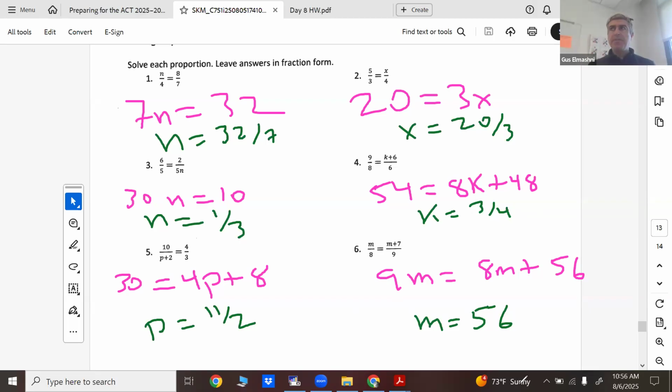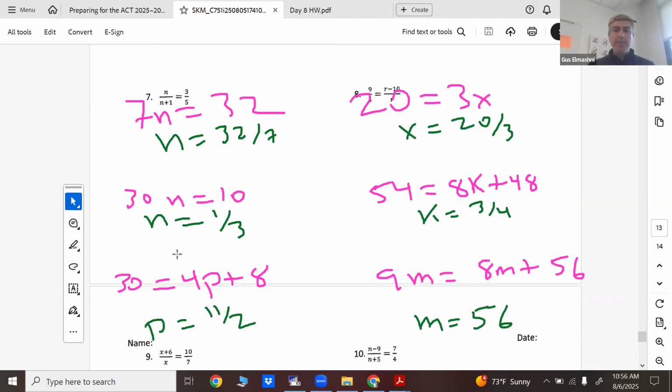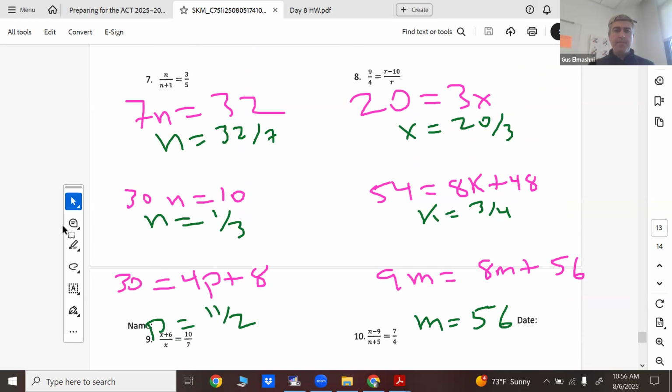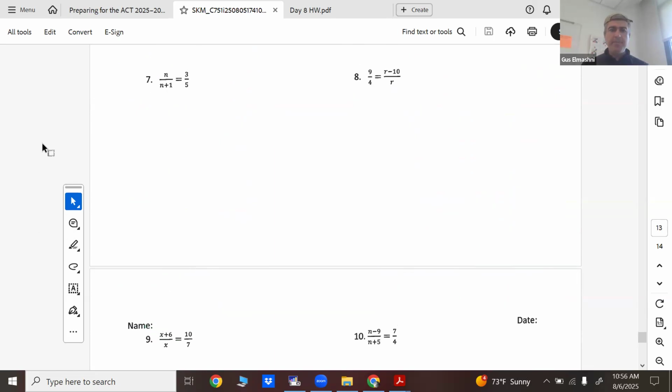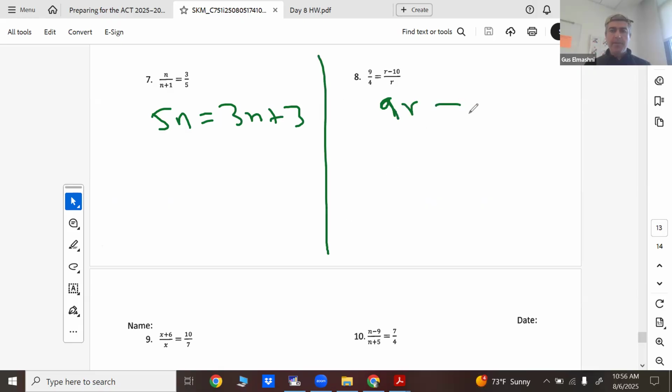Okay, so hopefully that makes sense, right? We got a little time. We could probably wrap up. Maybe just do the last couple. So 5n equals 3n plus 3. 9r equals 4r minus 40.